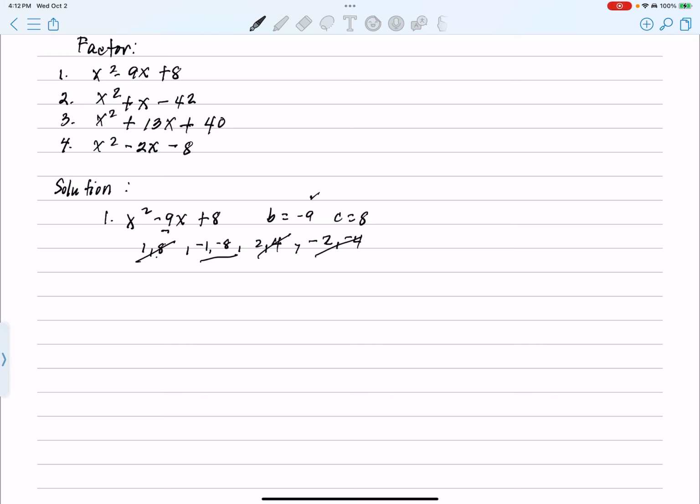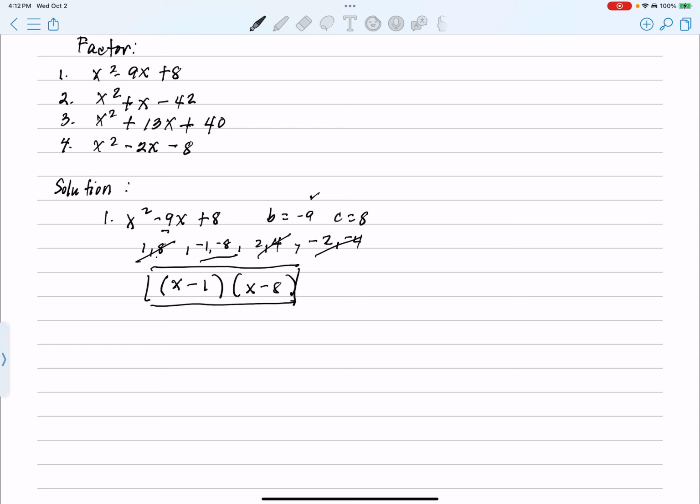You don't need to group because you have no leading coefficient. So go directly by having the first factor as x minus 1 and the second factor as x minus 8. So this is your answer.